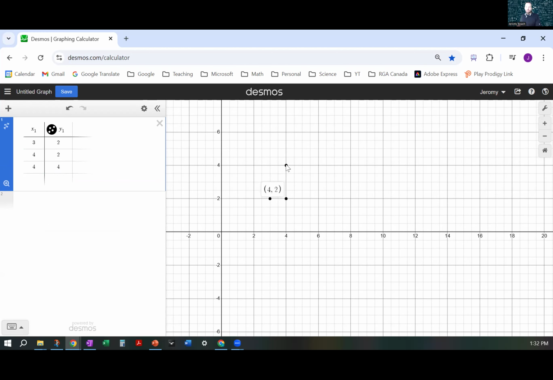So all of these table values are associated with these points on the graph. 5, 5 is another one. 5, 7. 5, 8. 6, 4. 6, 6. 6, 12. 8, 12. And the last one is 9, 13.